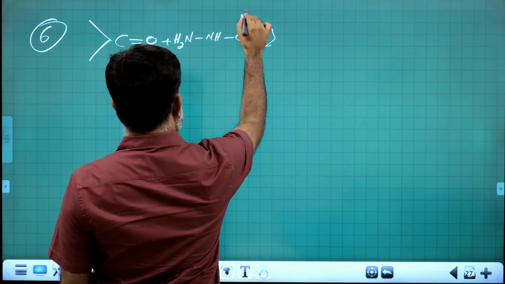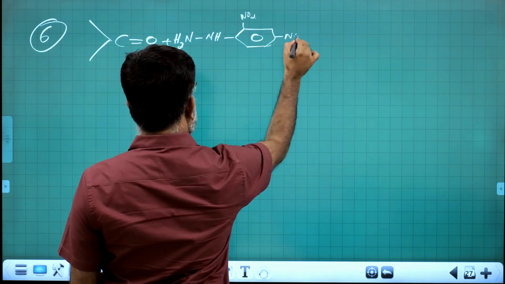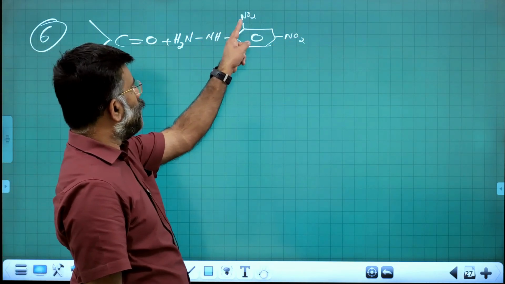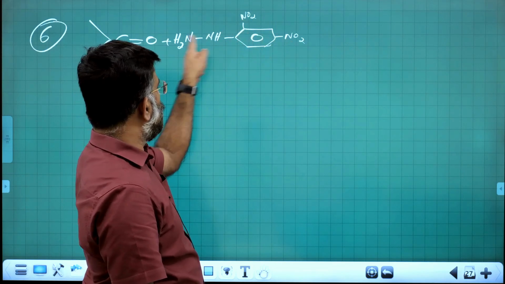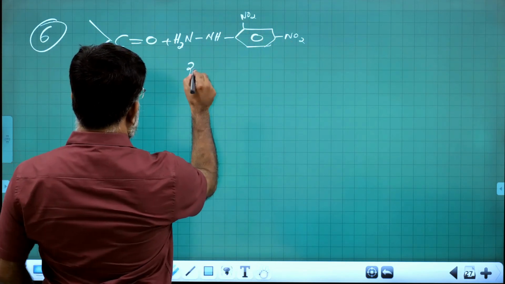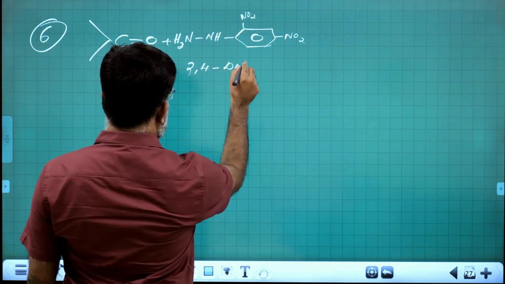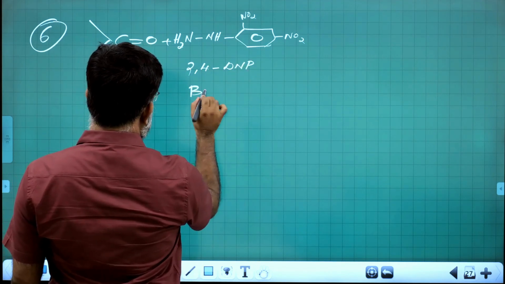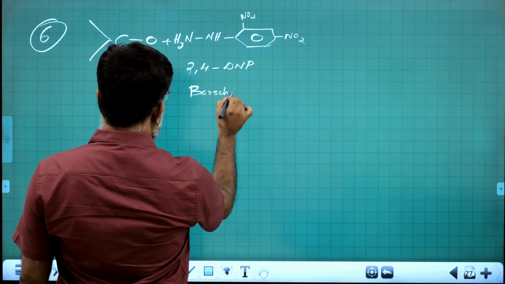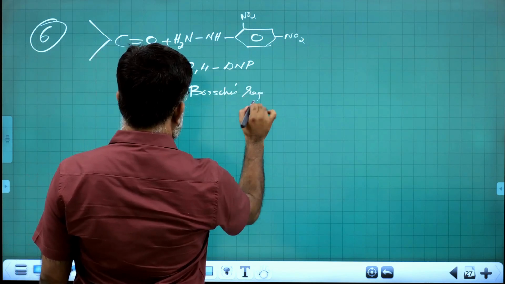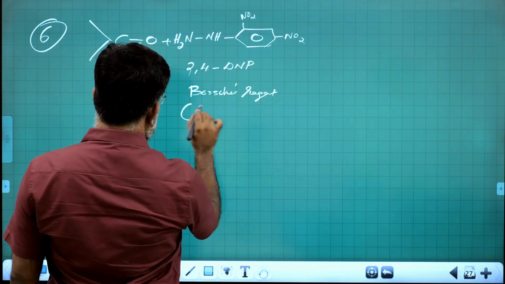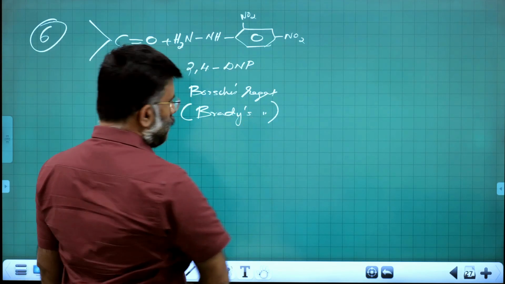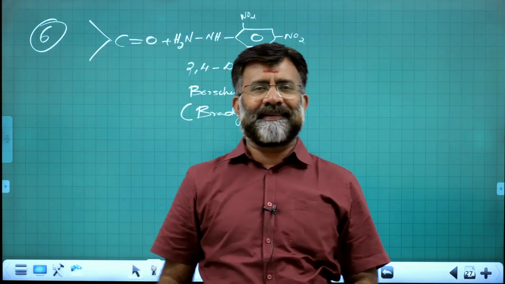In the benzene ring, you have two nitro groups like this. 2,4-dinitrophenylhydrazine is famously known as Borche's reagent. Sometimes also called Brady's reagent. Borche's reagent or Brady's reagent.